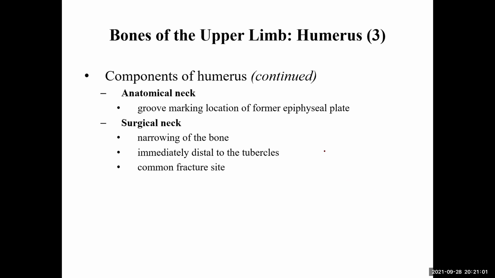The anatomical neck is where you're actually going to see where the epiphyseal growth plate used to be. And then the surgical neck is where you actually see the actual narrowing of the head, of the epiphysis down into the diaphysis. All right, surgical neck is clinically significant because quite often that's where, if the bone's going to break, it's going to break at the surgical neck.